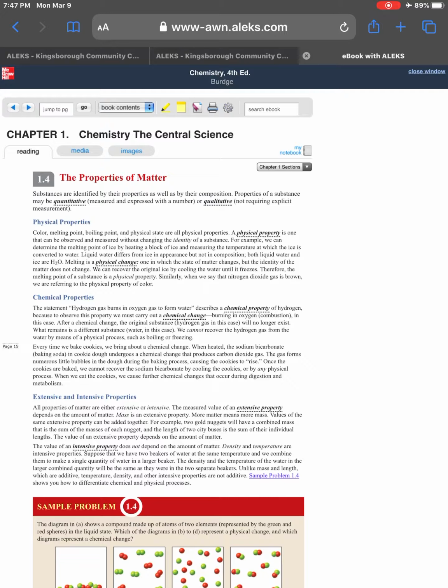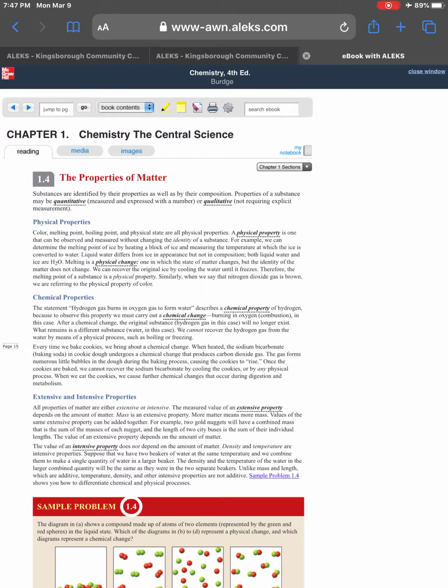Those are physical properties. A physical property is something that can be identified, observed or measured without changing what the substance is. For example, if we take water in the liquid state and boil it into a vapor, steam, it seems very different. It's a very highly energetic gas, very dangerous.